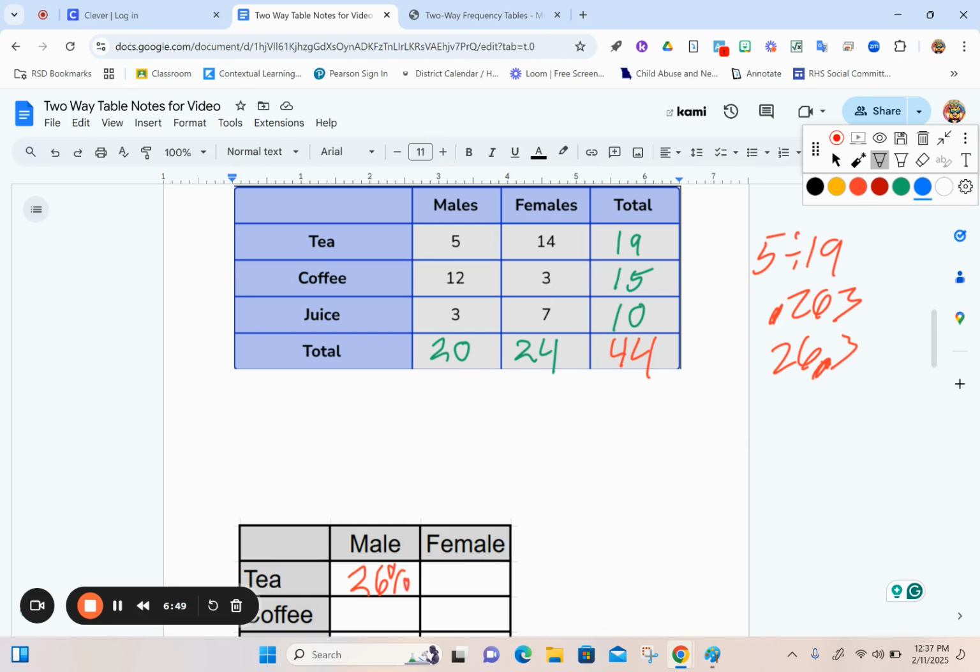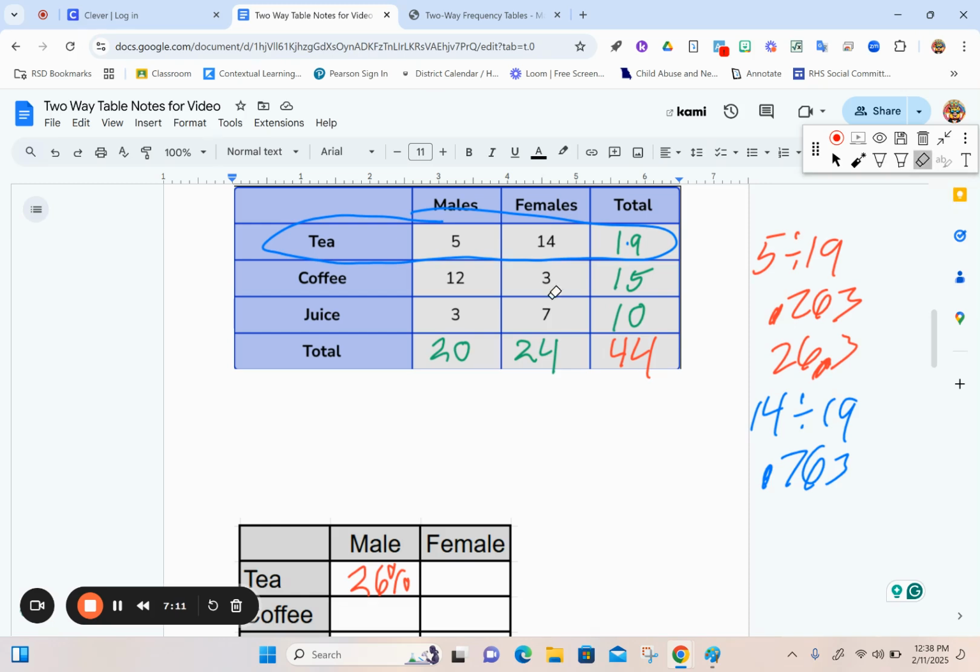Whereas females, 14 divided by 19. Again, when we're doing T, we're only doing this row. So I take 5 divided by 19. So now I take 14 divided by 19. I get 0.736. Sorry, I wrote those backwards.